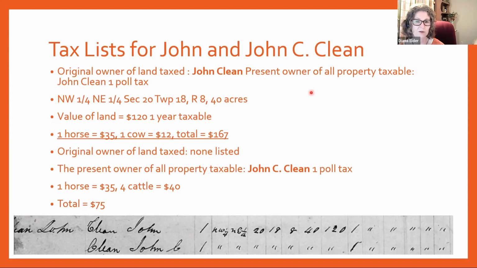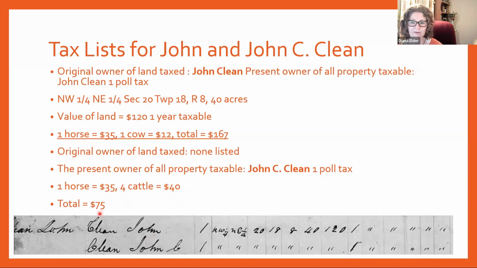He's the present owner of all property taxable, and he paid a poll tax. And so here's his property. And it's $120 value. He had a horse, a cow, and so he paid this much of his tax. Now, underneath him is John C. Klein. There's no original owner, but there's a poll tax, and he has a horse and 4 cattle for a total of $75.